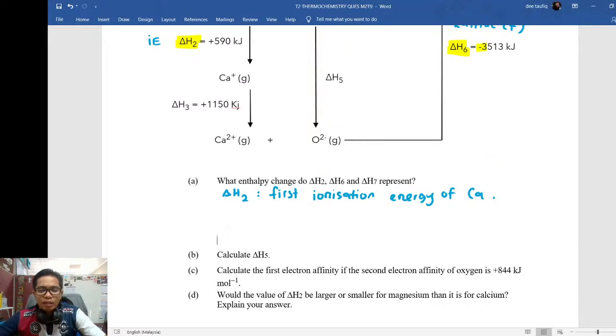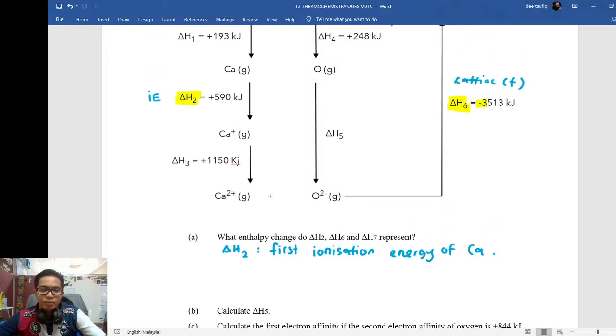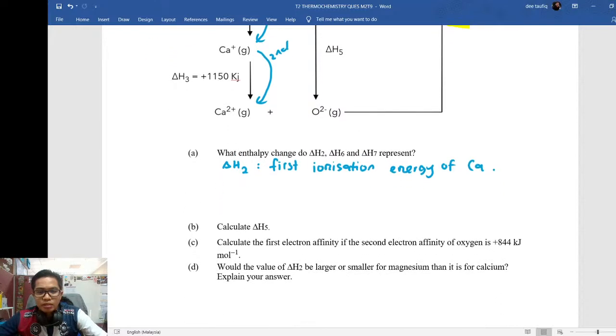Tak letak first boleh ke tidak? Tak boleh. Sebab kat sini kita ada this one, we have our first IE, and then from here to here is our second IE. So you need to specify which IE you are referring to. So make sure you label first and second untuk IE lah.